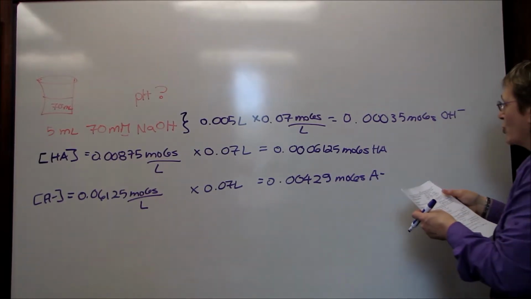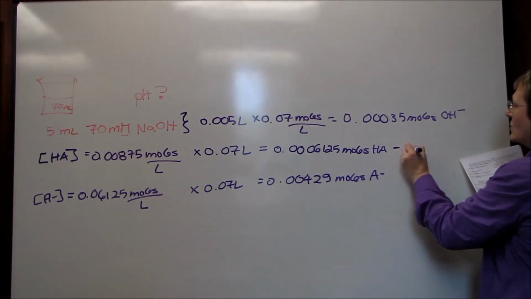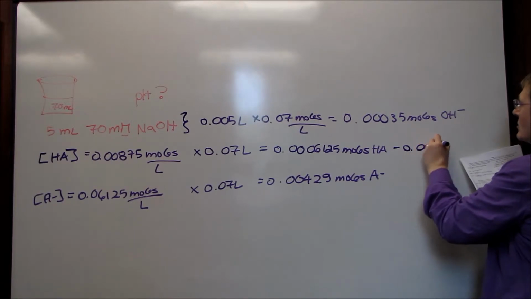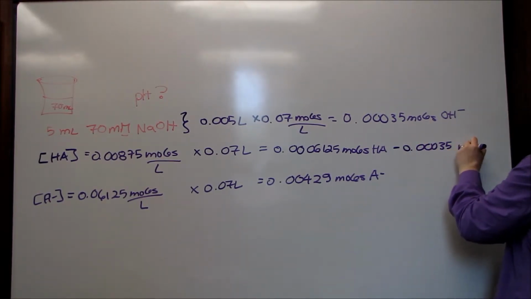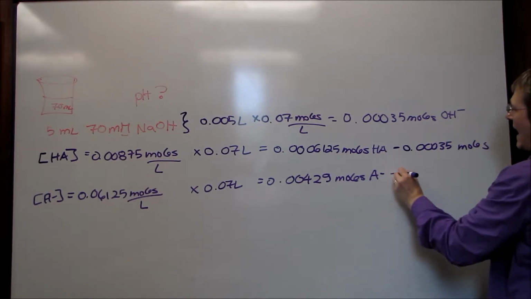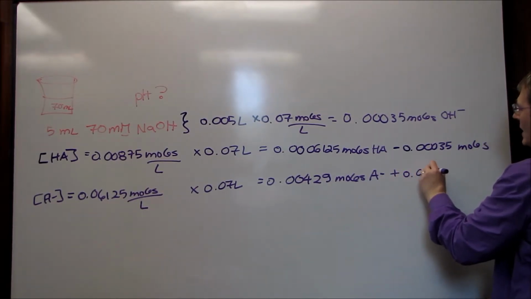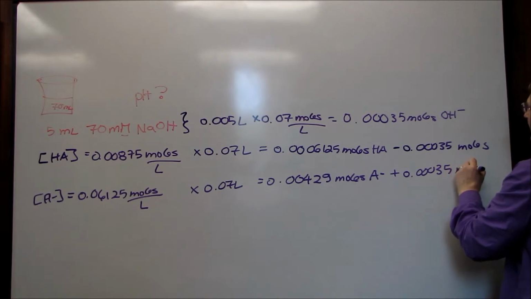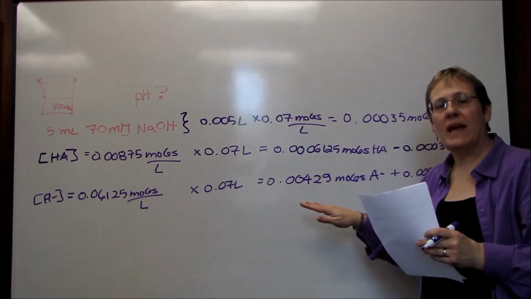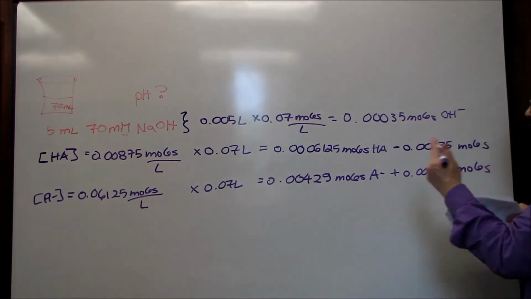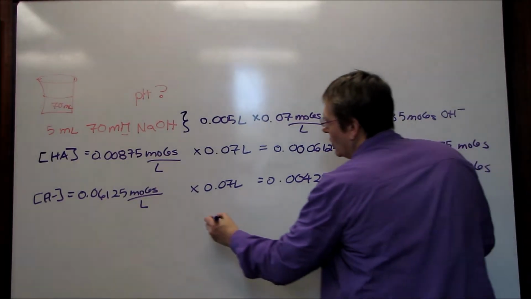So we have to subtract the 0.00035 from our HA moles, and we have to add them over here to the A minus moles. So what we've done is we've converted HA into A minus when we add base to this. Okay, so that's going to give us some new numbers of moles.